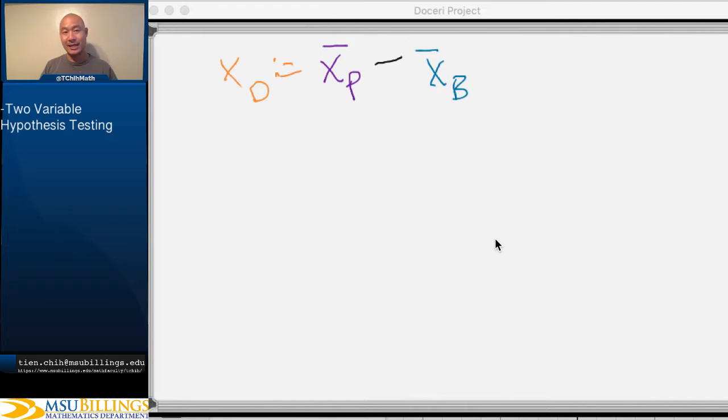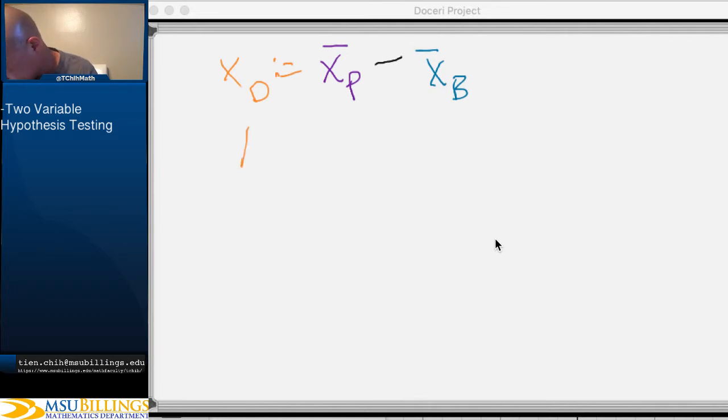So this thing right here is going to be the difference of the two random variables we already defined, the weights of the purple microelephants minus the weights of the blue microelephants. So it's also a random variable. And so let's see what we know about this random variable.